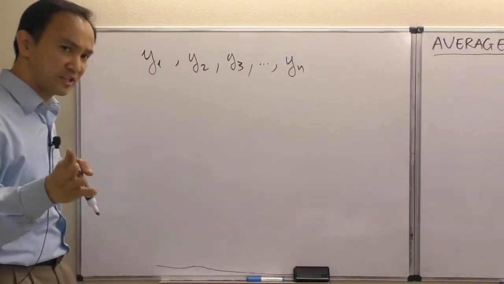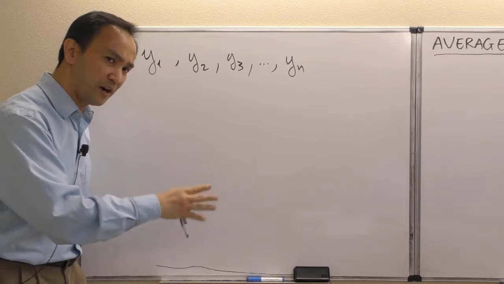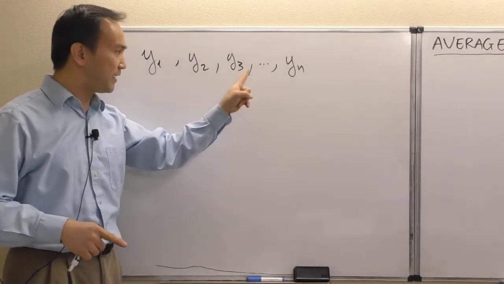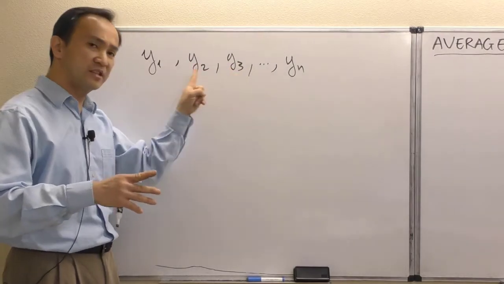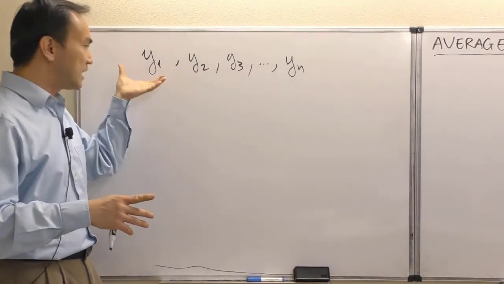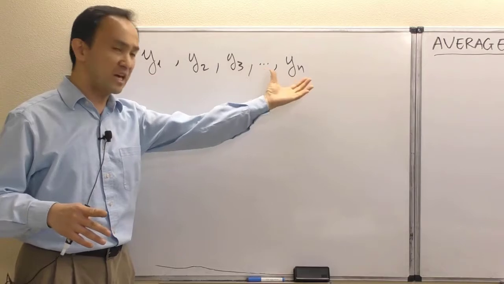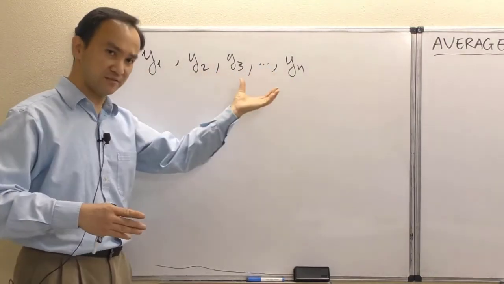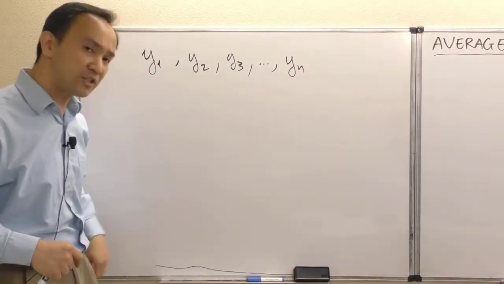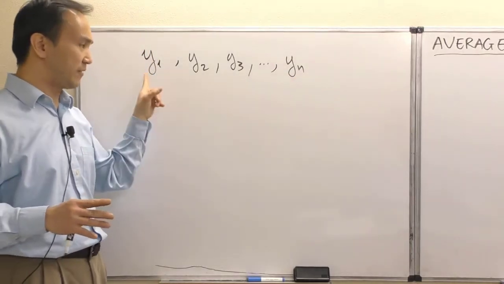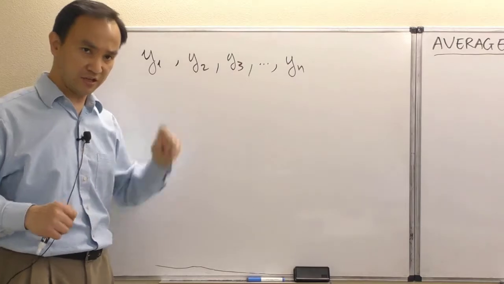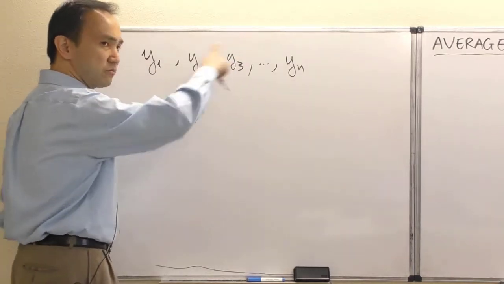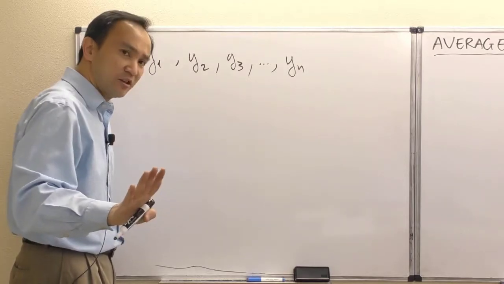Just like the question I brought up earlier, how do we find the average of these? Maybe some values on the list are equal to other values, but in the end we have n data points, or another way of saying it, n members of this list. Finding the average value of this list has a lot of applications.